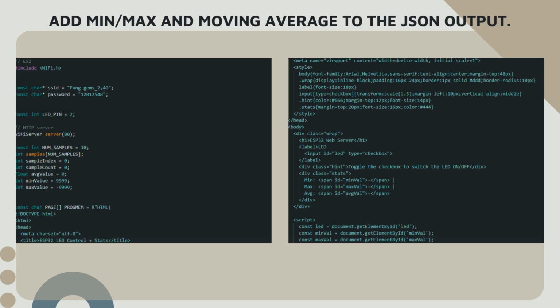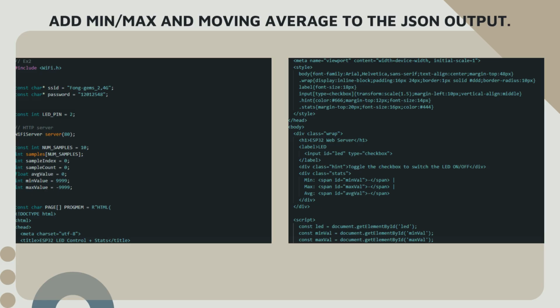I'm going to design it as binary: min is 0 and max is 1, and the average is the average time that the LED is on, returning its state to the server.